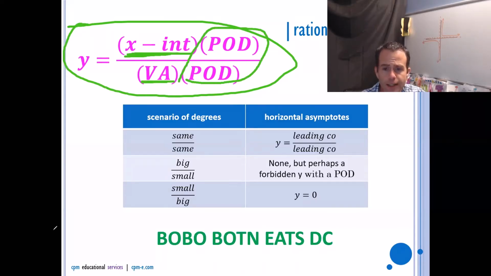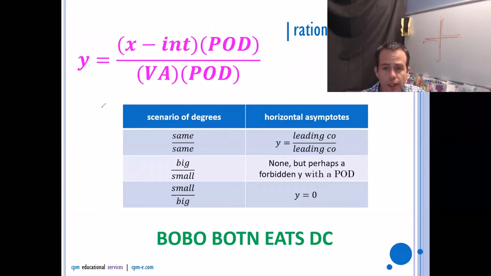As far as horizontal asymptotes go, the easiest way to look at this is with the following table. We're comparing the degree on the top versus the degree on the bottom. If the degree on the top is the same as the degree on the bottom, your horizontal asymptote will be found by going leading coefficient divided by leading coefficient.